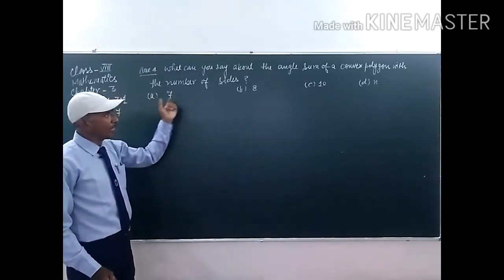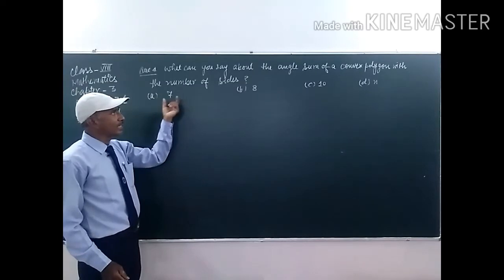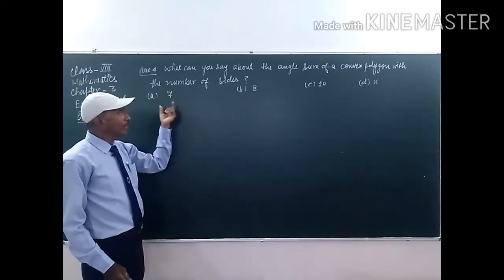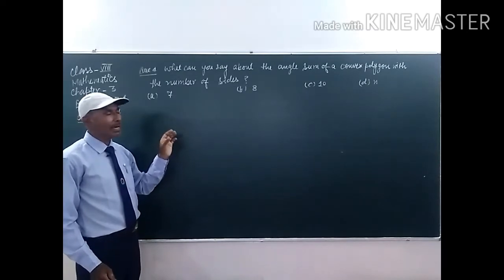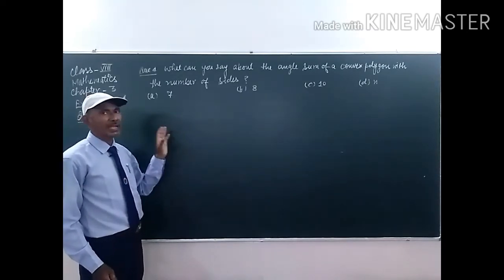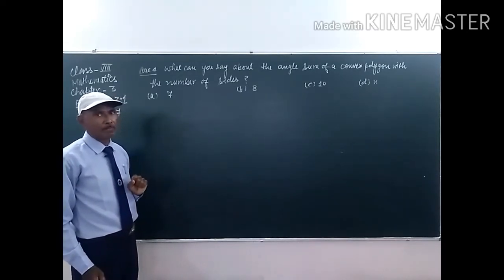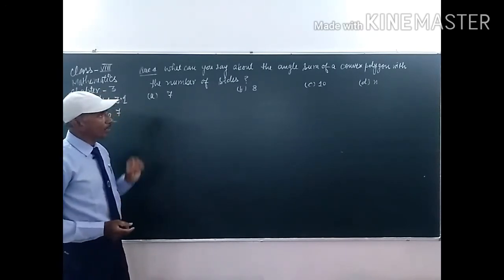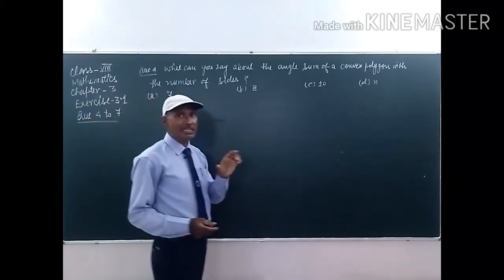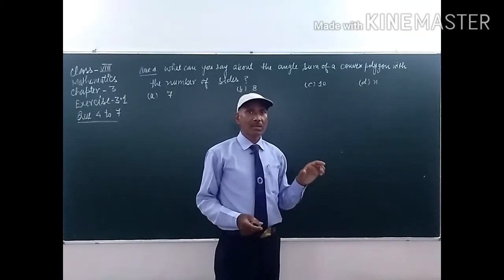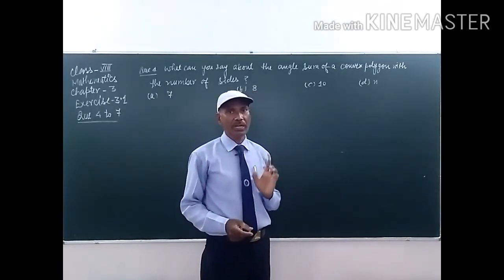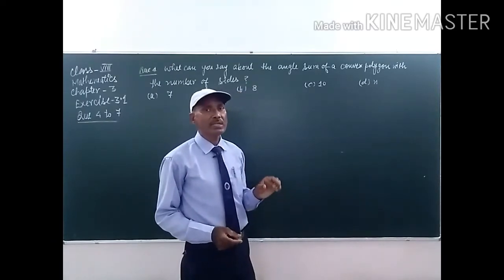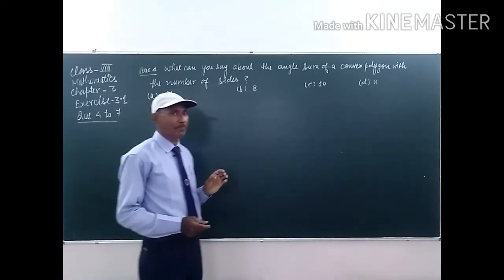If a convex polygon has a given number of sides, what will be the sum of the interior angles of that particular polygon? Clear, students? So when there was a 3-sided figure, 3 minus 2, it means 1 into 180 to find the sum of interior angles.